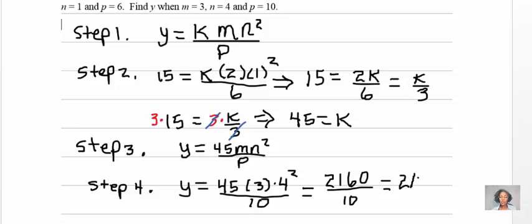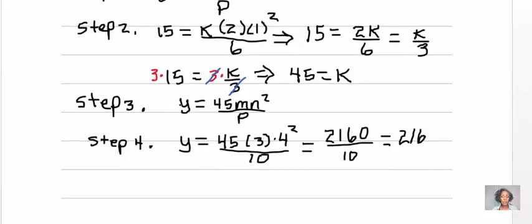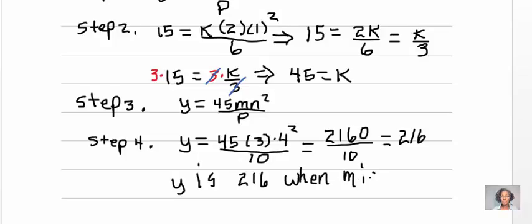So y is 216 when m is 3, n is 4, and p equals 10.